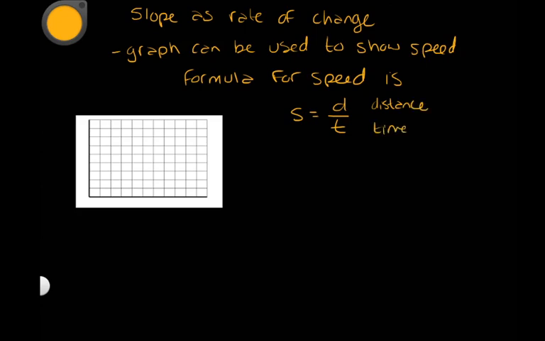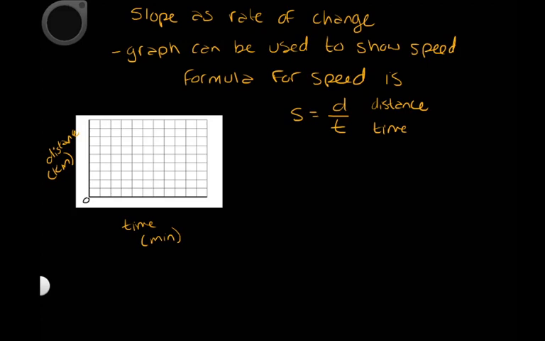So if we are looking at, for example, an athlete, so this graph is going to have the distance right here. So we'll say distance in kilometers. And the bottom of the graph is going to represent the time in minutes. So we're looking at measuring someone's speed based on a line on a graph. So if we label this graph here, always right in the corner here, this is 0, right?